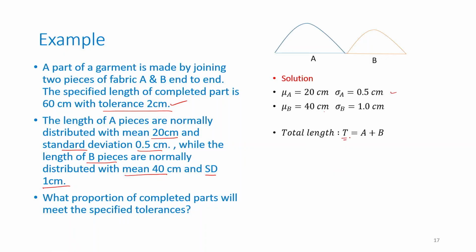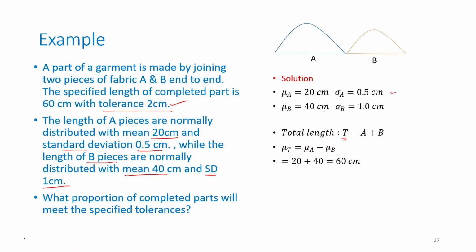So T is a linear function of A and B. Here there is a variable A, there is a variable B, and T is the summation of two independent variables A and B. So exactly what we have already discussed earlier, Z equal to A1 x1 plus A2 x2.